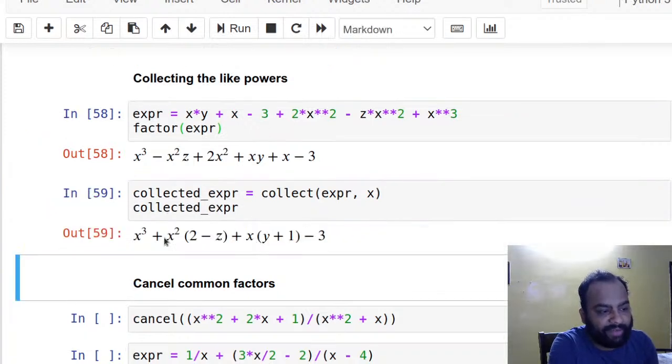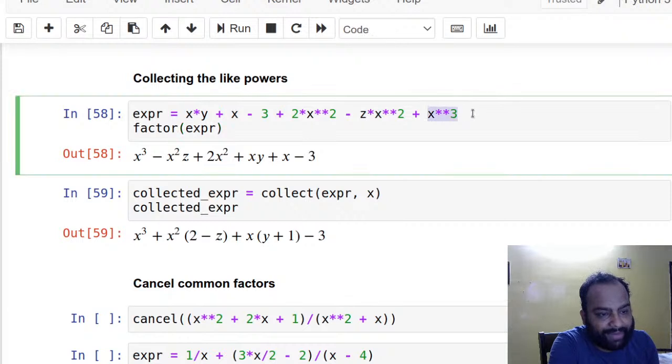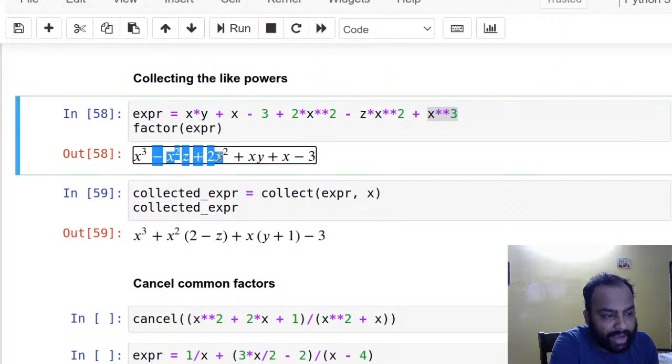So if I collect this, then what happens? Okay, we have an x cube. Then with x square, I have x square z and 2x square. So these two terms, minus x square z and plus 2x square, can be collected. Out of these two, x square can be taken common and we will be left with 2 minus z.